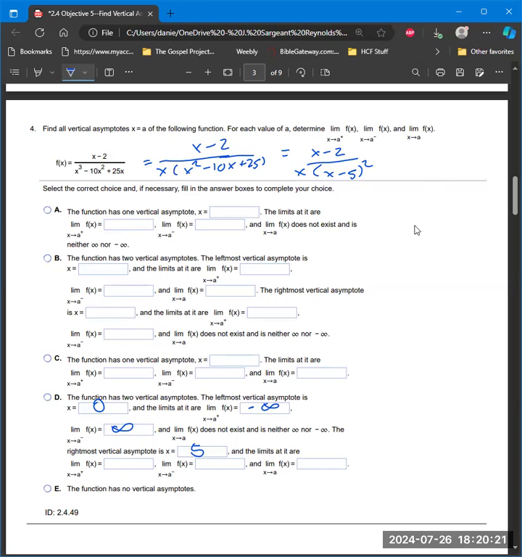And as I approach 5 from the right, so a number slightly bigger than 5, that's positive, positive, and positive, goes to positive infinity. 5 from the left, so a number slightly smaller than 5, that's positive, positive, and this will still be positive because a negative squared is a positive. That's positive infinity, so that limit goes to positive infinity since it's the same from the left and the right.